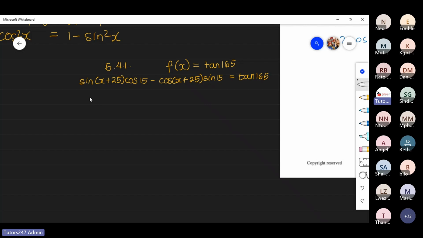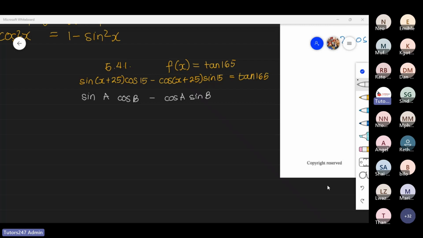Because as you can see, I'll write down the formula now to make it easier for you. That is A, that is going to be cos of B minus cos of A sine of B. So you can see the repetition of that angle of 15 and x plus 25.